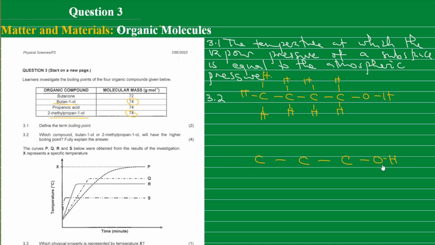And then at carbon number 2 we have a methyl, so we'll put a methyl here. That's what we've got, 2-methylpropan-1-ol. The rest are H, so we've got H, H, H.